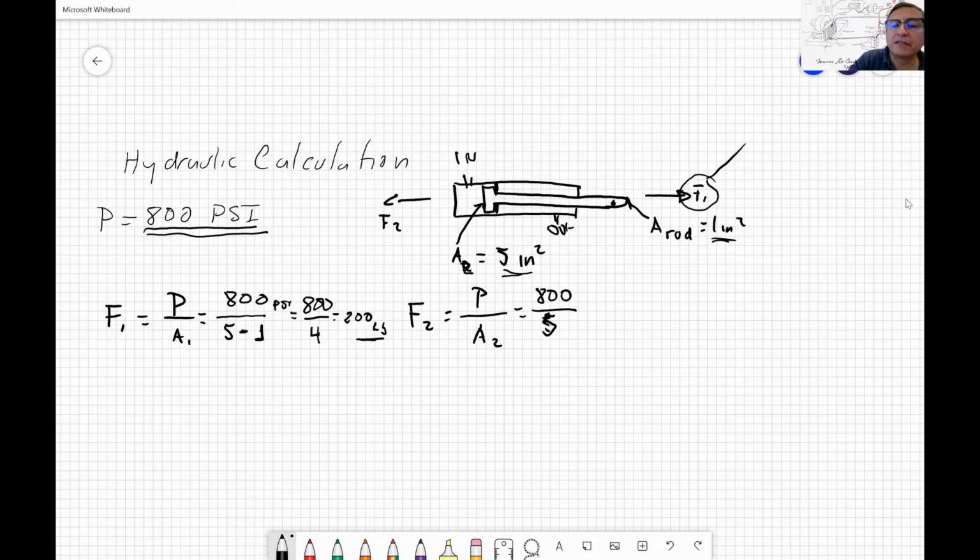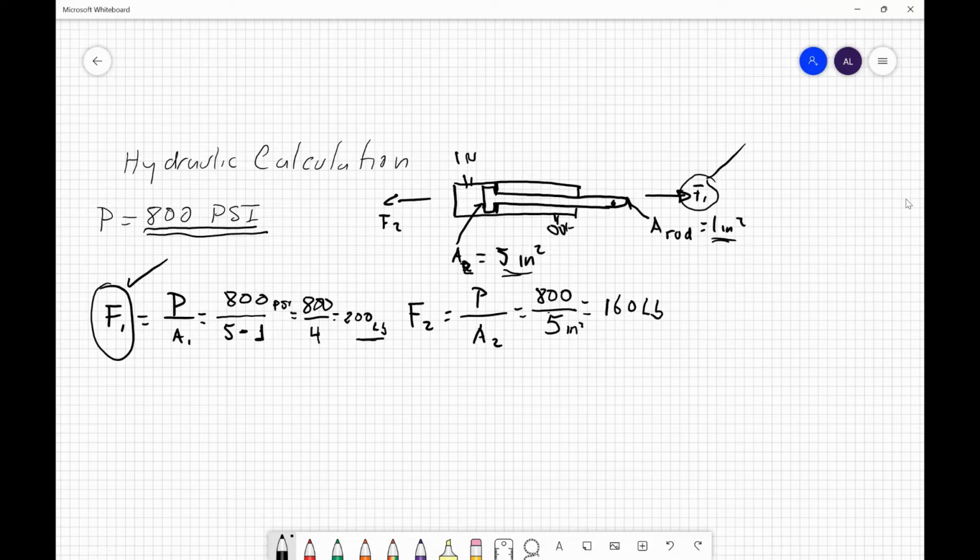How much is that? 4,000 pounds. Which force is bigger? The force number 1? No, force number 2. This type of actuator has one force bigger than the other one.